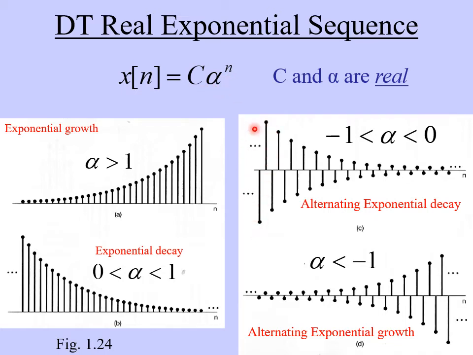So the sequence actually alternates. It goes positive, negative, and in this case, alpha is between -1 and 0, so it's an alternating exponential decay. And if alpha is less than -1, for example -2 or -3, then we have an alternating exponential growth. Again, notice that our sequence x of n alternates between positive and negative values as it grows.